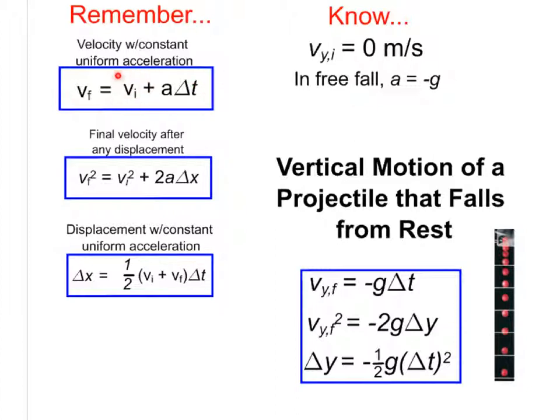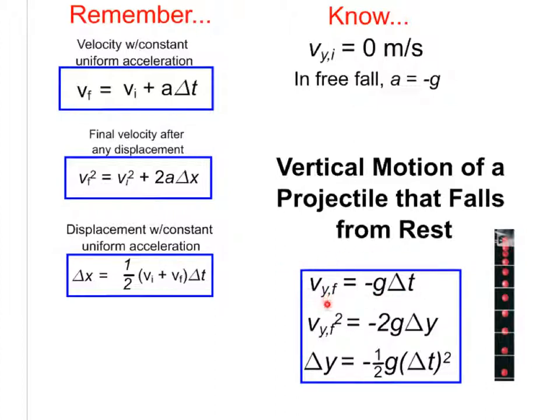Because if we know this is 0, we're just going to use this portion of the equation, then acceleration times change in time. Well, in free fall, the acceleration is acceleration due to gravity, so we can just call it a little g. And acceleration due to gravity, since it's going this direction, down, it's going to be negative. So we get this formula.